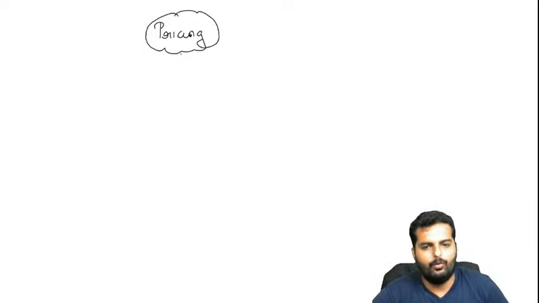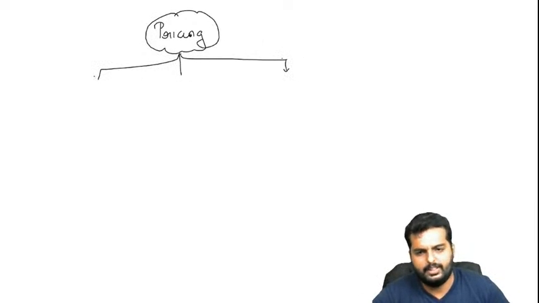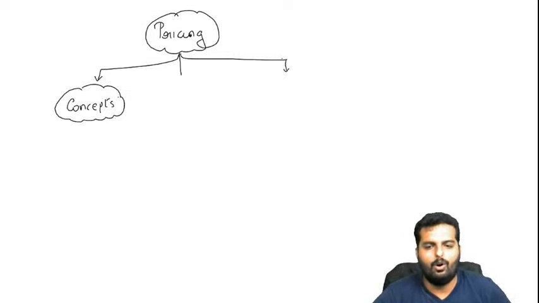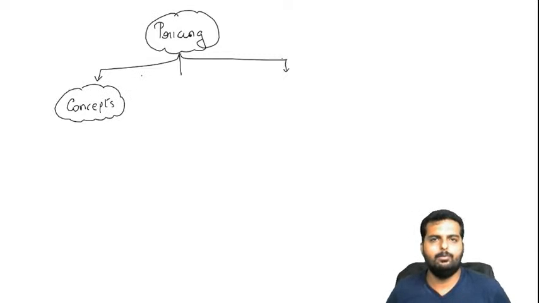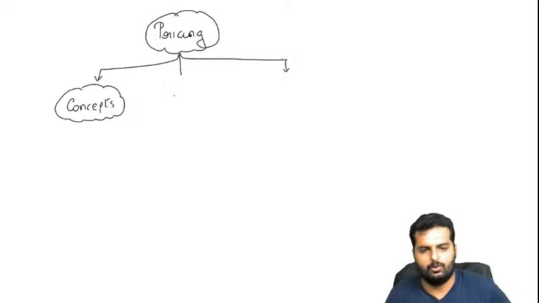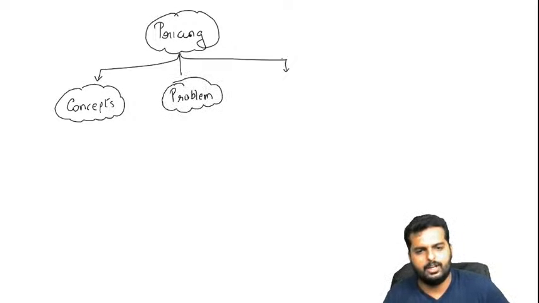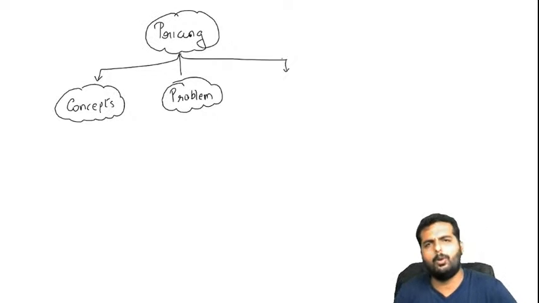So let me give you an overview of how I will be taking my class, not only for pricing, but for all the chapters. Okay, we will start with concepts. First, we will learn all the concepts. So by the time you learn the concept, you will understand the logic thoroughly. Based on the concepts, we will solve the problems which are there in your study material and a few problems which are not there in your study material also.